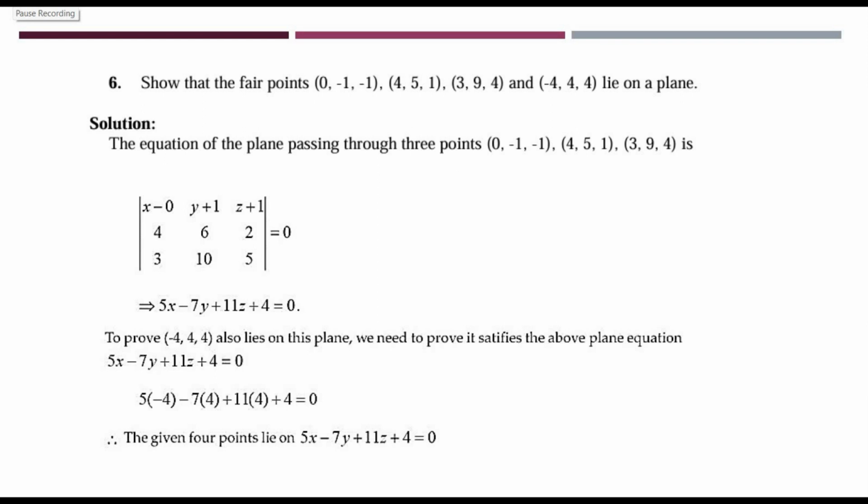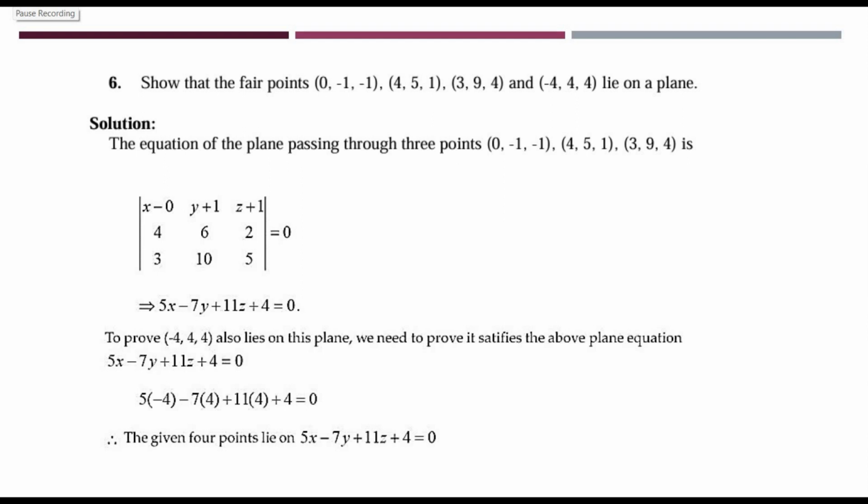Substitute in the equation of a plane passing through 3 points. We get the determinant of [x - 0, y + 1, z + 1; 4, 6, 2; 3, 10, 5] = 0. Solving this determinant, 5x - 7y + 11z + 4 = 0.